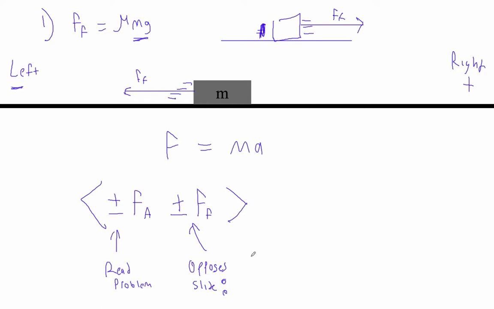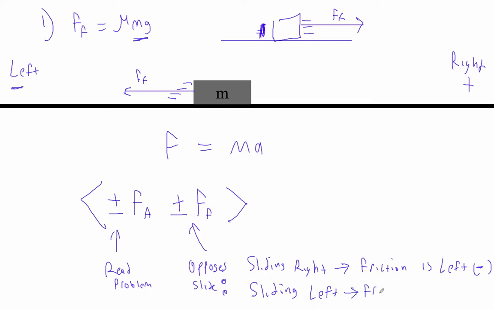Okay, so if you're sliding right, write this down. This is your guide. If you're sliding right, then friction is left. And you use a negative for that, right? If it's sliding left, then friction is to the right.